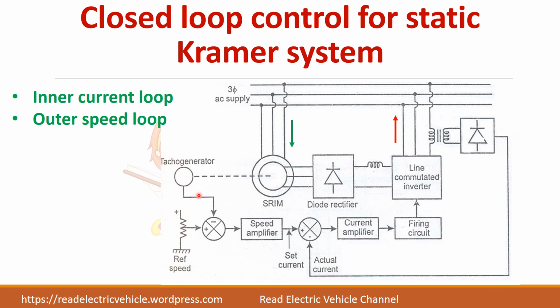So here measure the speed, give the reference speed, it will calculate the error, give it to some controller like a PI controller, which will give you the reference current. Then you measure the actual current and give it to the current controller, which will give you the gate pulse for the inverter. This is a diode bridge rectifier, so there is no need for firing pulse.